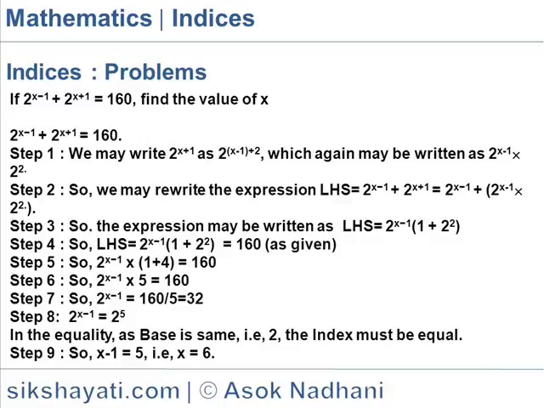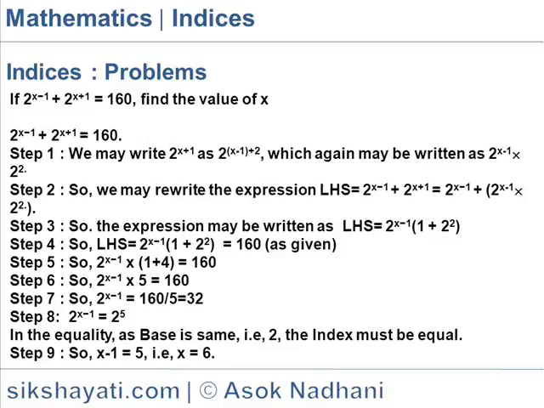So in this case we may write 2 to the power x plus 1 as 2 to the power x minus 1 plus 2, because x minus 1 plus 2 is x plus 1. So we can again write this as 2 to the power x minus 1 into 2 to the power 2.